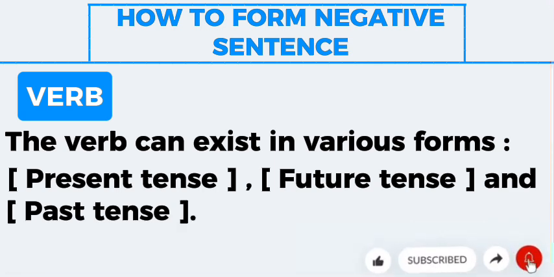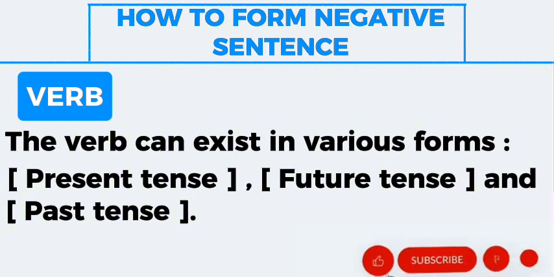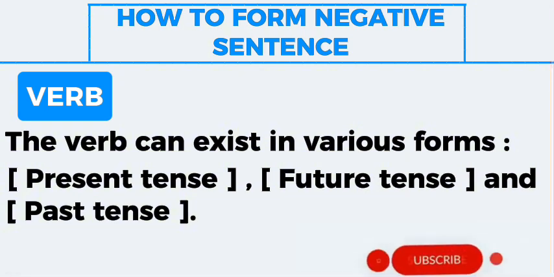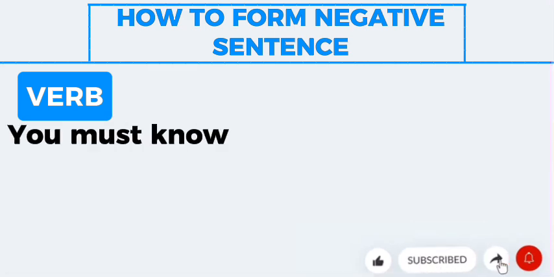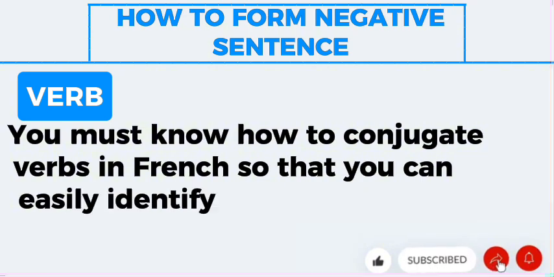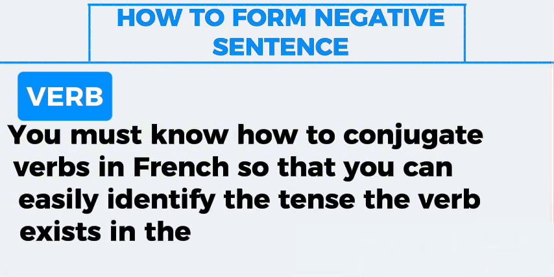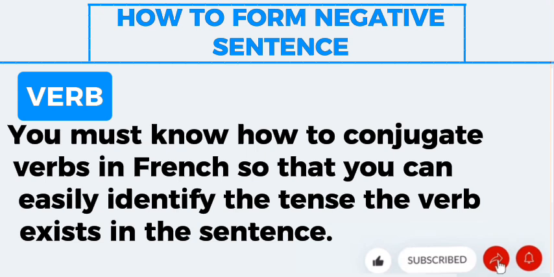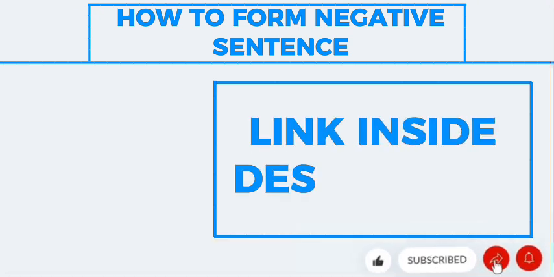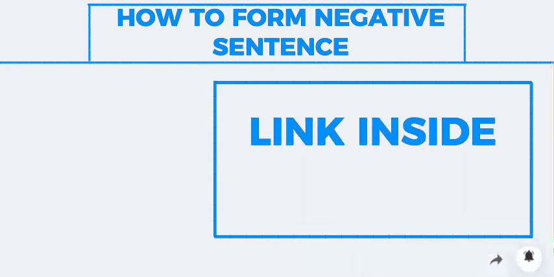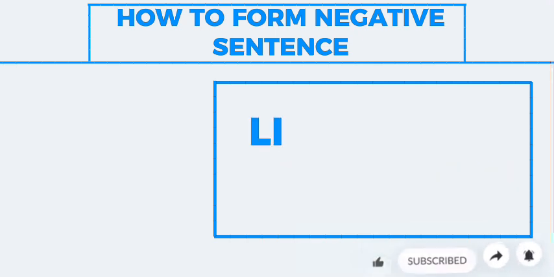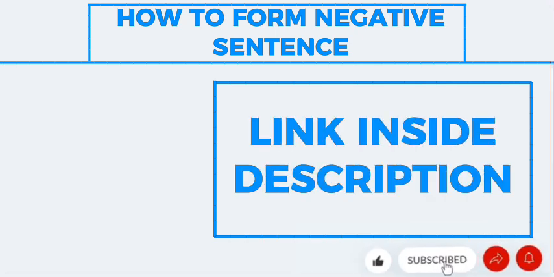Whatever tense the verb exists in, the conjugation must still correspond with the subject. For this reason, you have to know how to conjugate verbs in French so that you can identify the tense in which the verb exists in the sentence. Don't worry if you do not know how to conjugate the verbs in French. I have a very nice video just on that, and I'm going to leave the link to that video in the description box.